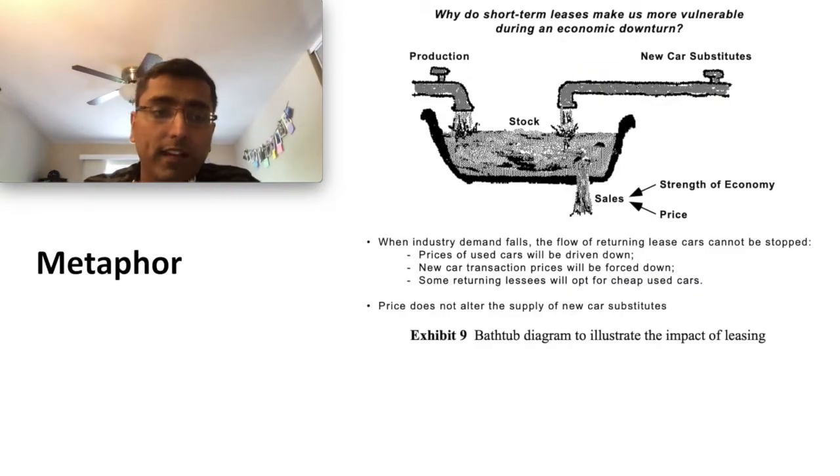And so after this profit analysis was done, there was this diagram that was put together by that team of people at GM. It was a pretty good, powerful metaphor that shows that the production backlog can be stopped during recessions or during lack of sales, but the new car substitutes of the old car economy will continue to stock into our inventory, and because of which we'll have to cut more production, and it could have more layoffs issues and a whole host of things.